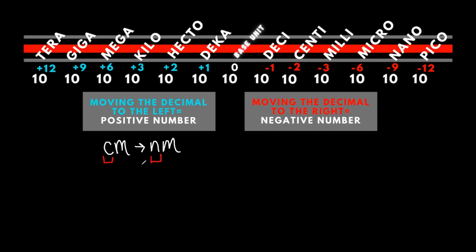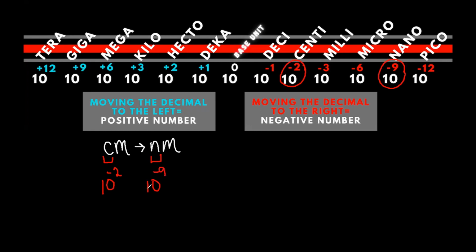So in order to do that, the very first thing that I'm going to do is write what each prefix stands for. So this centi right here stands for 10 to the negative 2. Okay, and this nano stands for 10 to the negative 9.